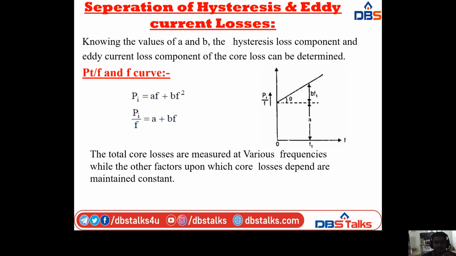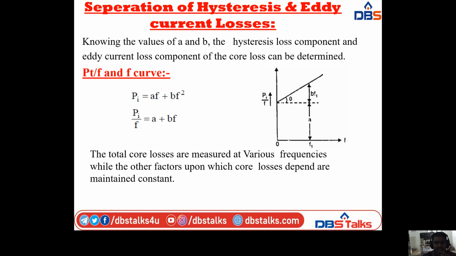From this, I am writing Pi, the total core losses, equal to AF plus BF squared. Taking F common, Pi by F is equal to A plus BF.